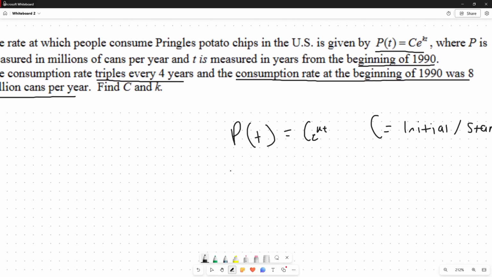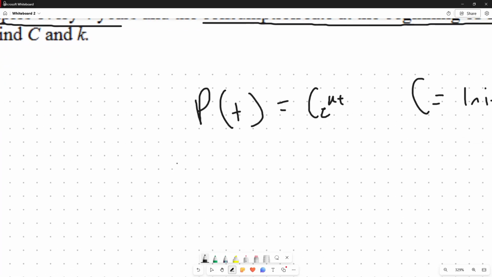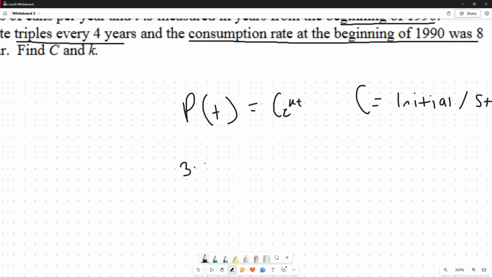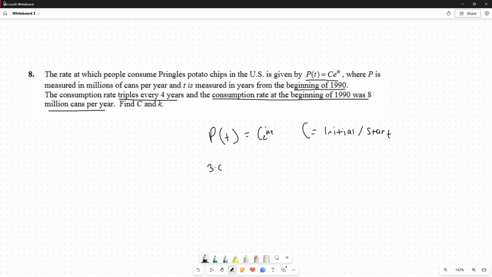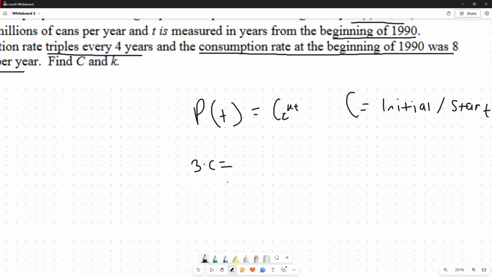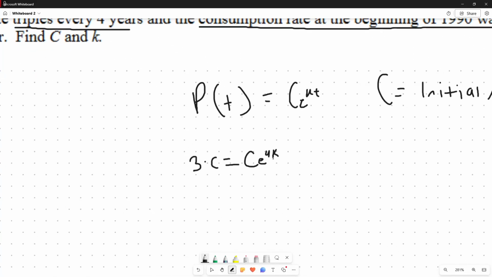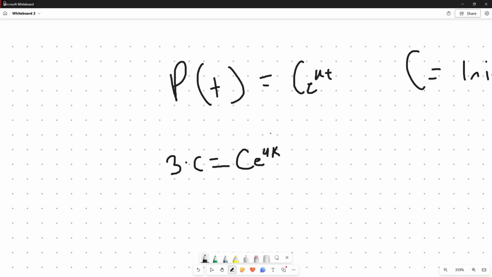So that means that every 4 years, obviously it's going to triple, alright? So in order to set this up, you can say that 3 times the initial starting value that we have equals the initial value times e to the k, which is what we're solving for, and then I'm replacing t with 4 because we want to know what k is after 4 years, when the initial value has been multiplied by 3.